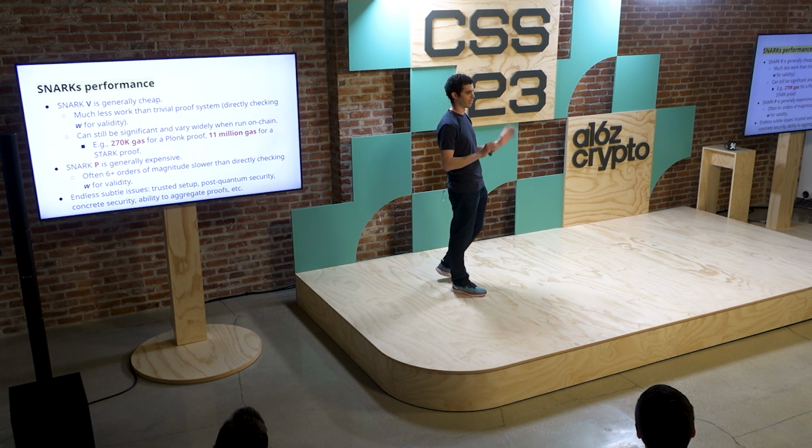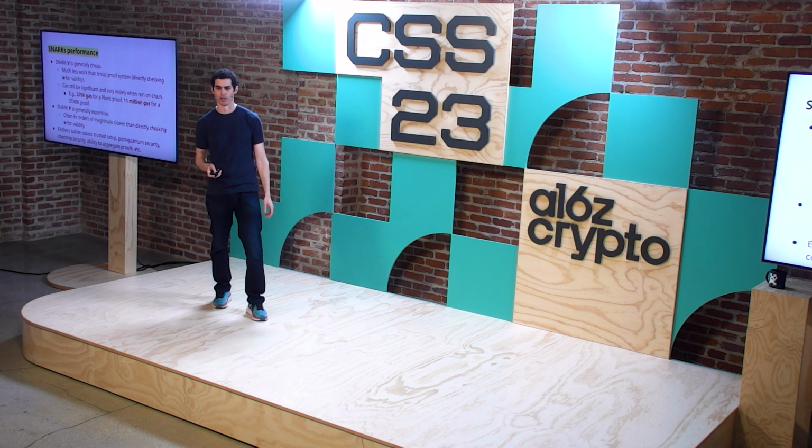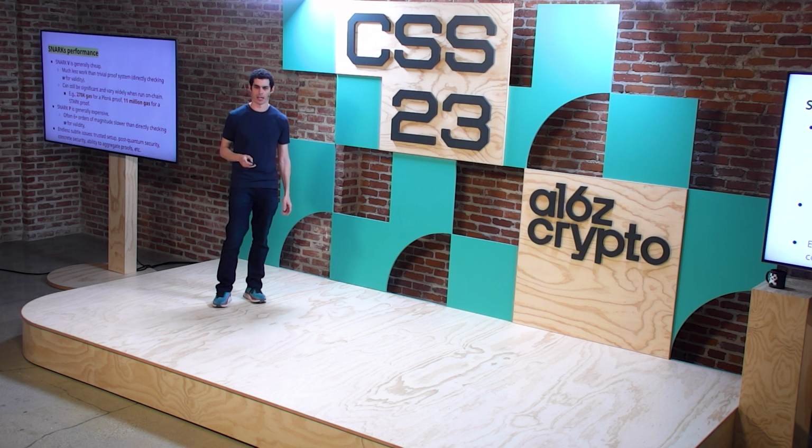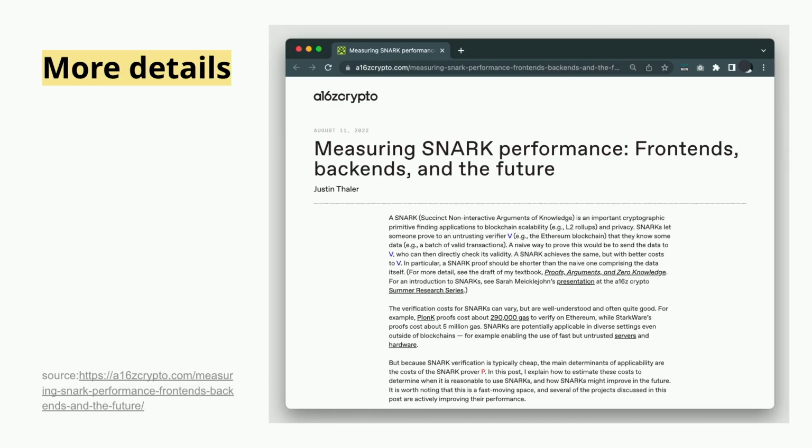There are so many different things people care about and axes on which to compare these protocols. But this slide kind of covers the high points in terms of prover time and verifier time. There are a lot more details about the performance characteristics of SNARKs in this a16z blog post, which we can distribute if there's interest in that.